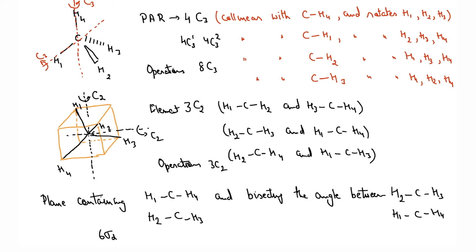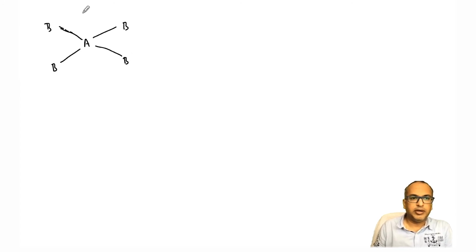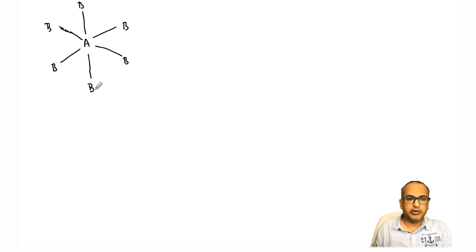Now let us go to an even more complex molecule, which is the octahedral molecule, because the number of elements and operations is huge in that case. So let us list it down. Let's first draw a generic molecule. Now all 6 bonds in this case are equal because this is an octahedral molecule, right?